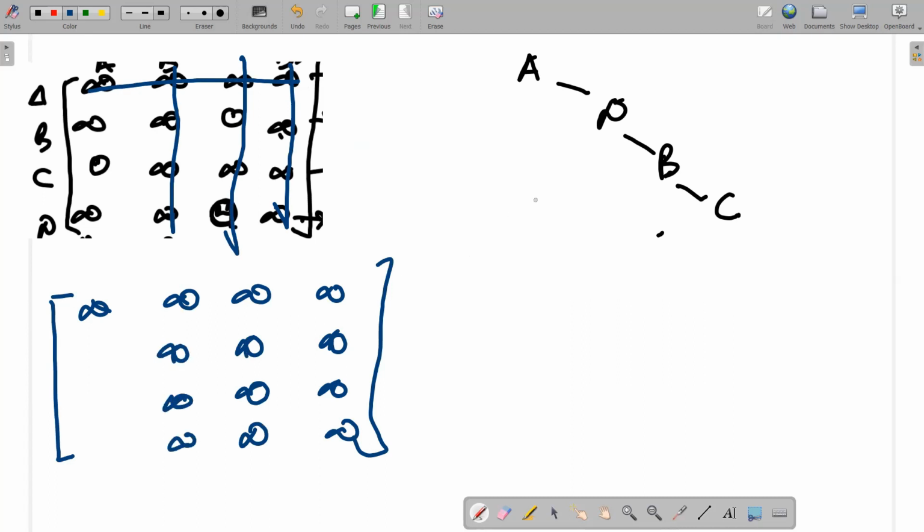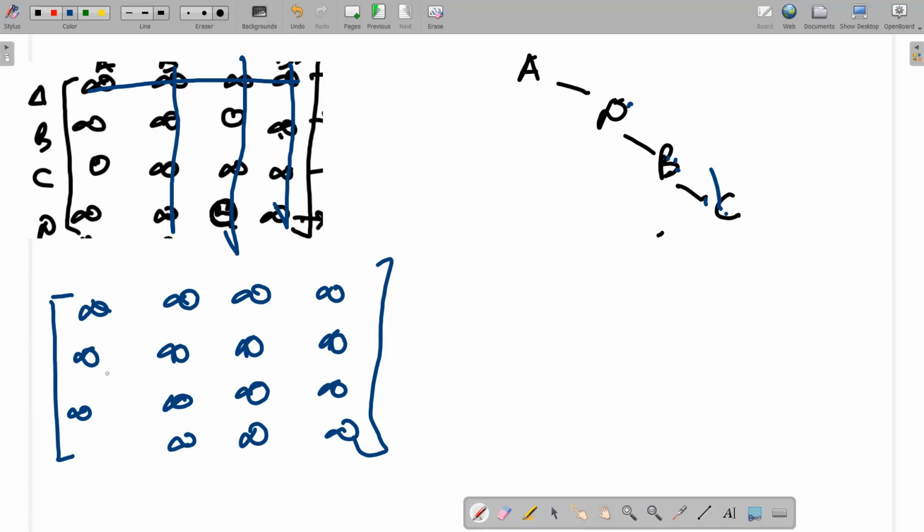Then I cannot go from C to A, infinite. I cannot go from B to D, already infinite. I cannot go from C to A. I cannot go from C to B. I cannot go from C to D, infinite. I cannot go from B to D, also infinite. I cannot go from B to A, infinite.